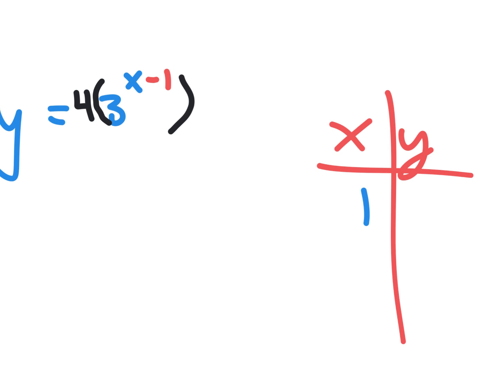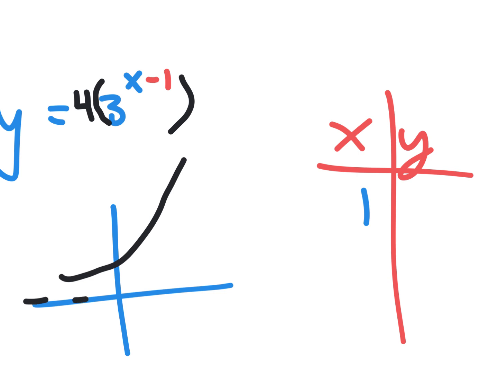I want to remind you that they usually look kind of like this. And the asymptote goes right through there at 0 unless it's been moved up or down. Was this moved up or down? It wasn't moved either way. Therefore, where's the asymptote? At 0. So the asymptote's still in that same spot.